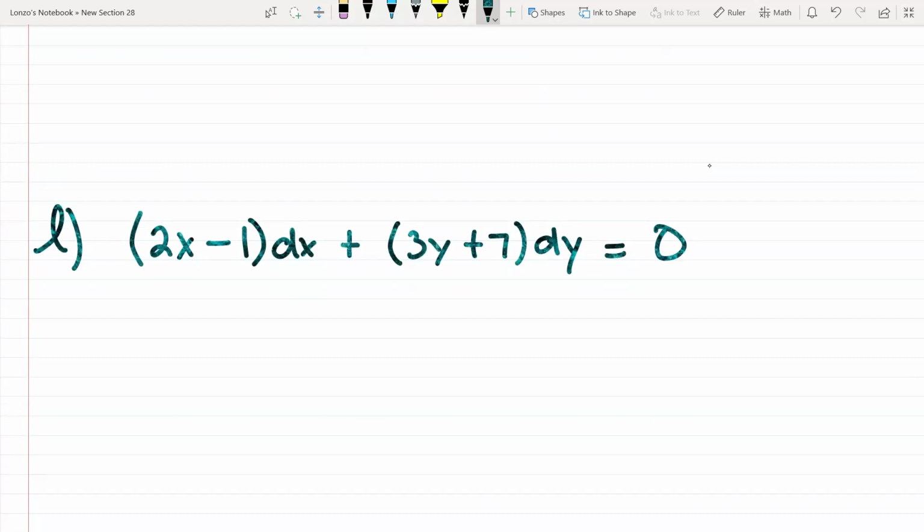Okay, what about L? Well, you don't see a first derivative, right? So you might have to divide each term by dx. So let's do that. Let's divide each term by dx.